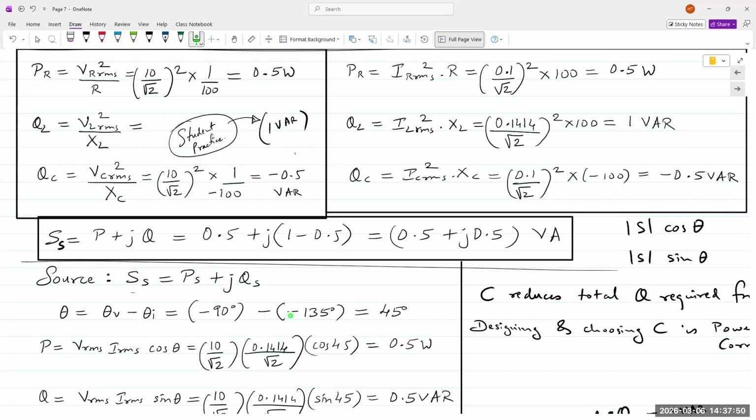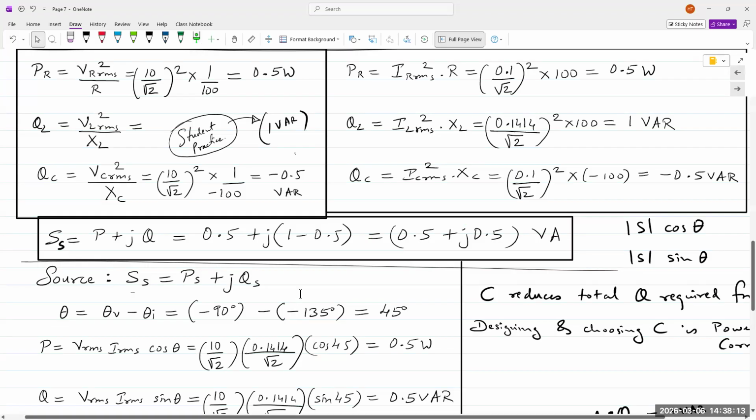The inductor requires 1 VAR of reactive power, and the capacitor is supplying half of that. So total power required from the source is only 0.5 plus j0.5 VA. Does everybody see that?